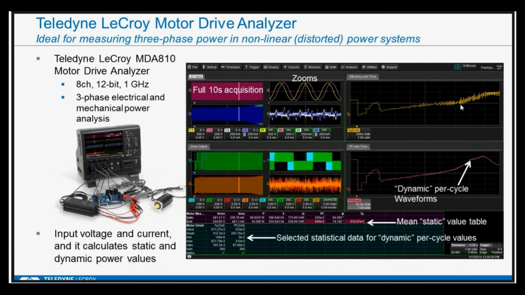These measurements over here, we talked about the table here, the average values over the full acquisition. This is an average value for, let's say, RMS voltage or power over that 10-second time. But the load is changing a lot in that 10 seconds. So if you really wanted to see what things are changing, you can touch on one of these and it will show a waveform of that value over time.